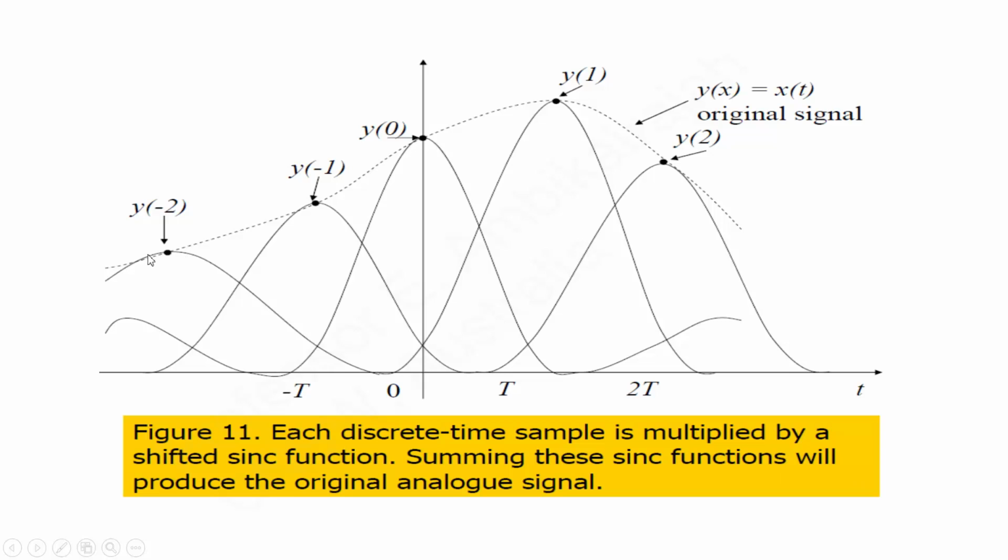Now what is interpolation actually? You will get multiple sin x by x pulses, or multiple sinc functions. Now you join the tips of these curves. You will actually interpolate the signal, and this envelope is the original analog signal. And this process of reconstruction of the analog signal using the low pass filter, the reconstruction filter, is known as interpolation.